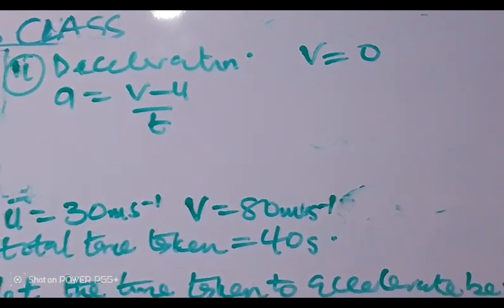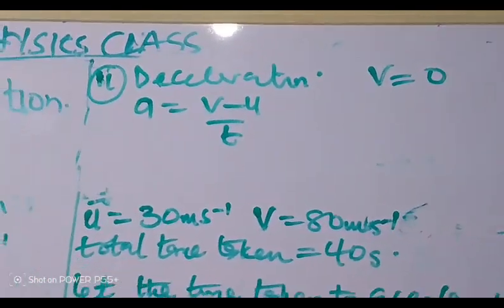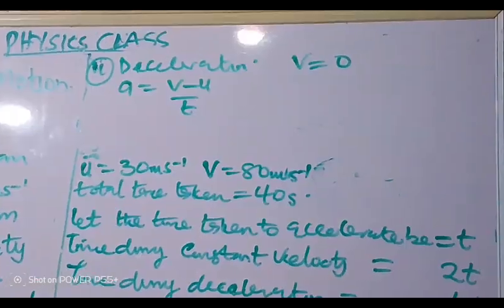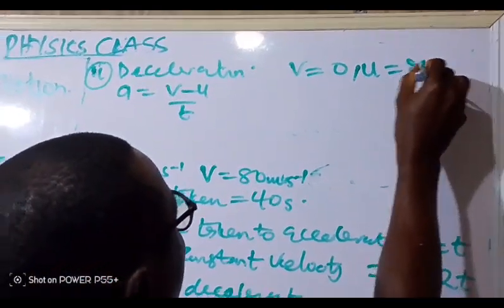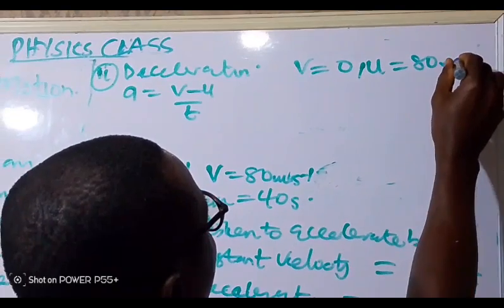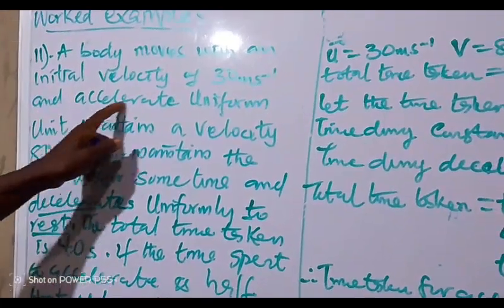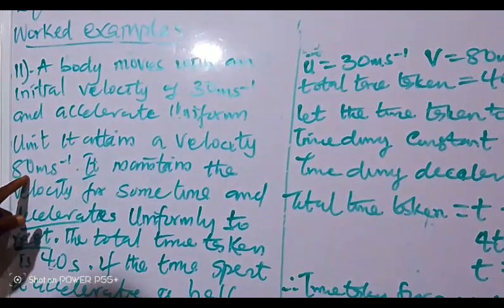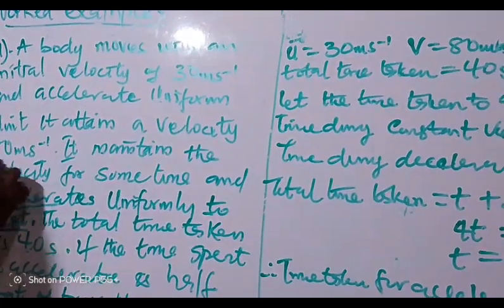Then our U, according to the question, will be equal to 80 meters per second. That is, the body accelerates to 80 before it comes to rest. So U now for deceleration will be equal to 80.